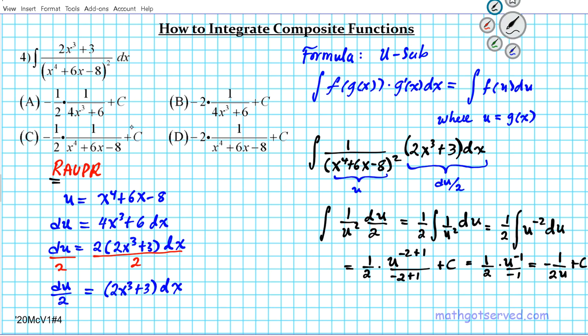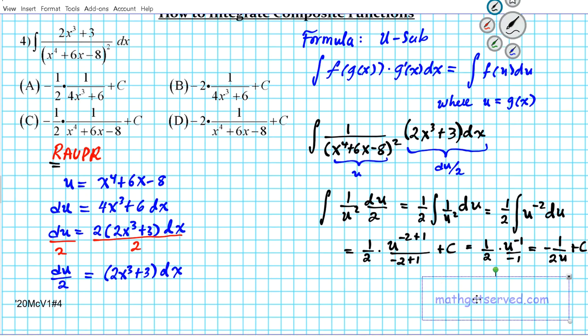Are we done yet? No, we need to resolve, okay? What's u? u is x to the fourth plus 6x minus 8. So we're going to plug that in here. I'm going to structure it exactly as the options are in the alternatives. This is going to become negative 1 over 2 times 1 over u, which is, what is u? x to the fourth plus 6x minus 8, plus c.